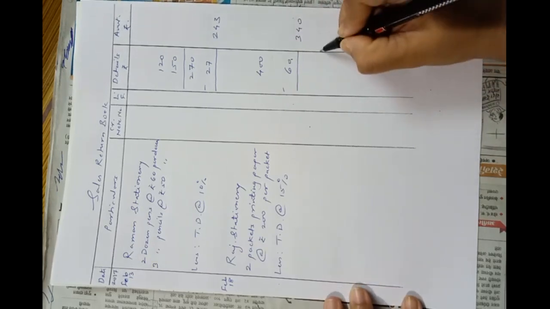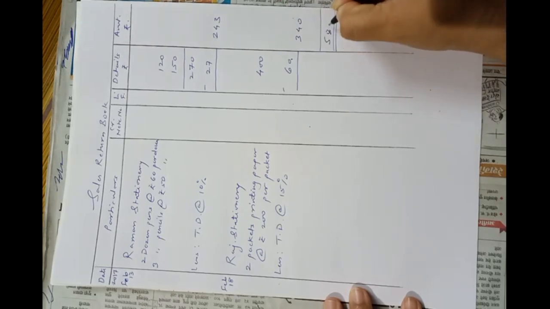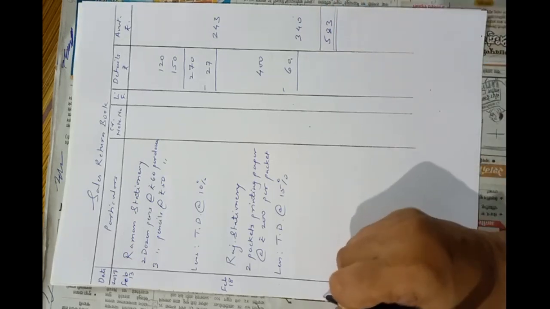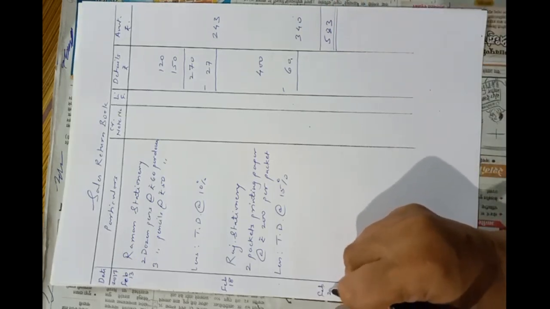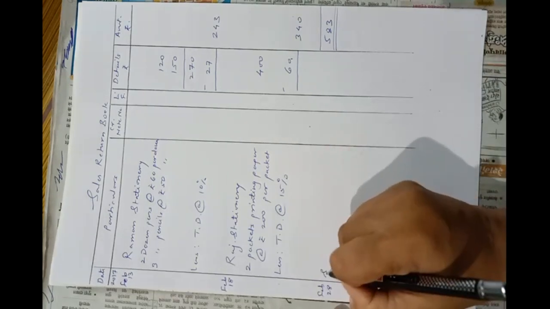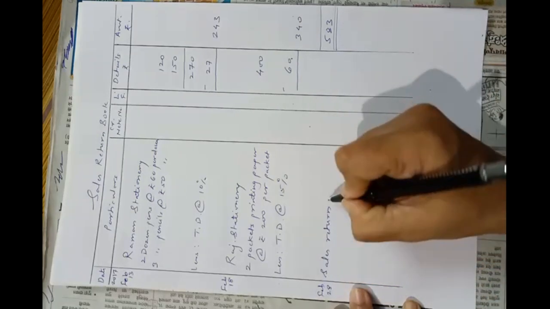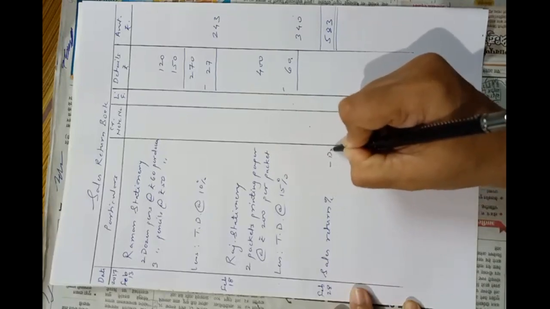So now we will add 340 and 243. So it will be 583, and the heading will be on February 28th, that is the last day of the month of February, sales return account debit.